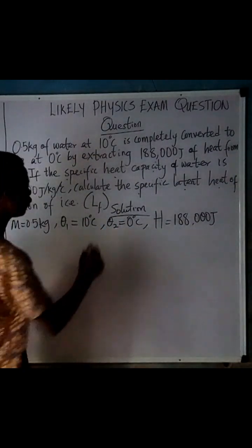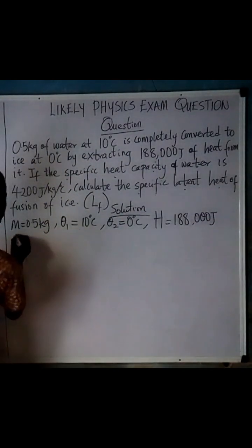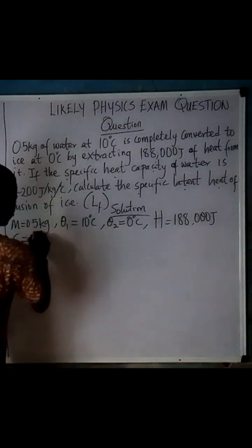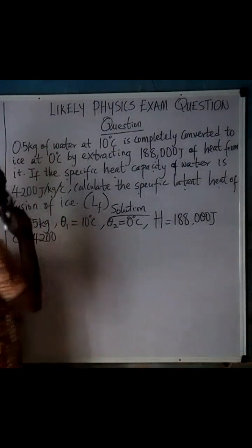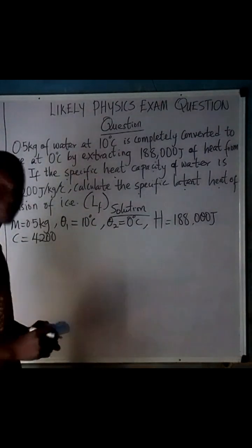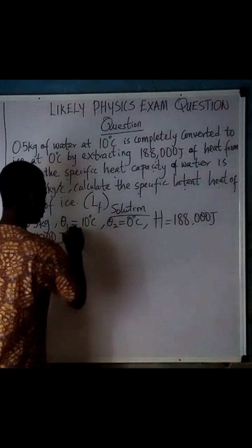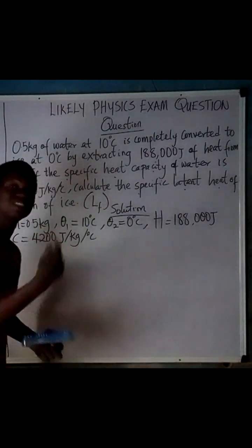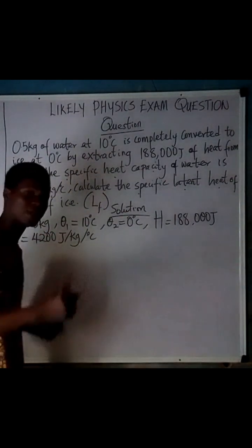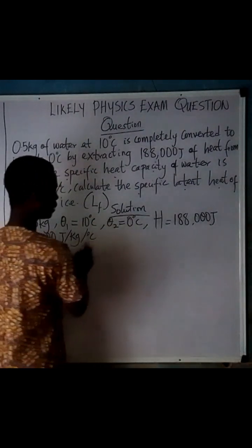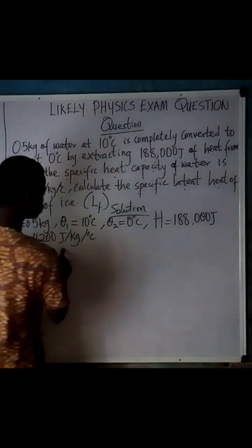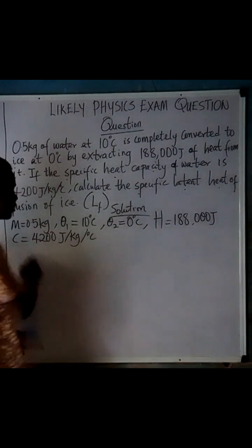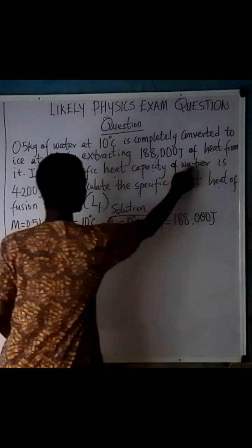The symbol for specific heat capacity is small c, and they said for that of water, it is 4,200. The unit for specific heat capacity is joule per kilogram per degree Celsius, or you say joule per kilogram per Kelvin. So take note. This was given for that of water.